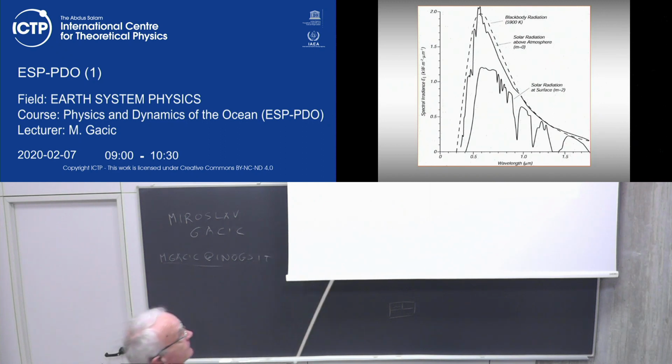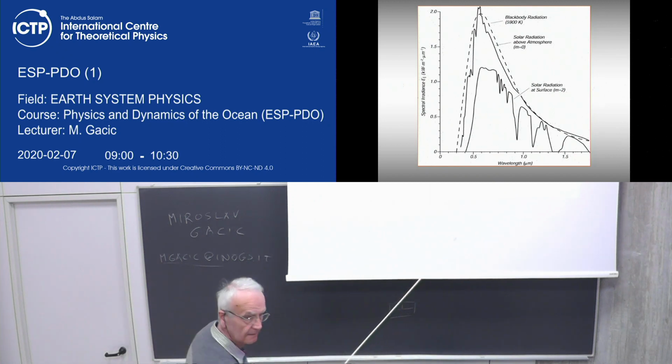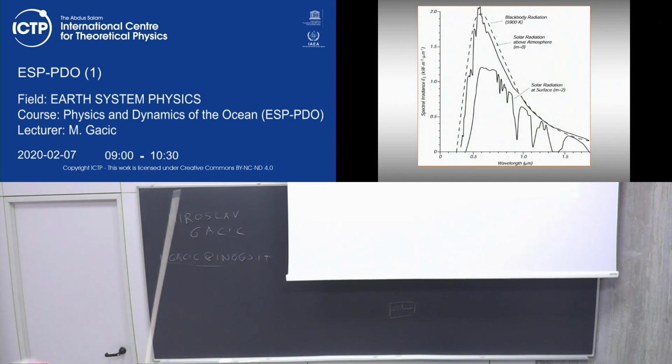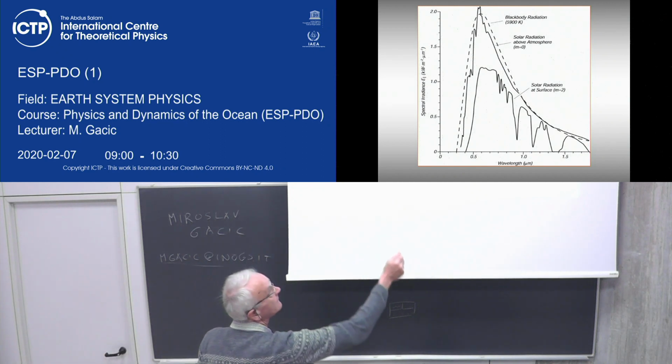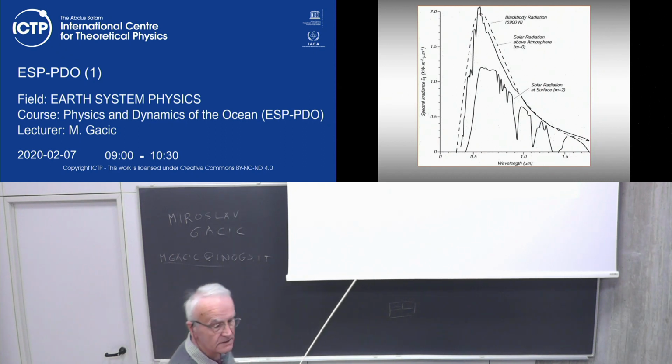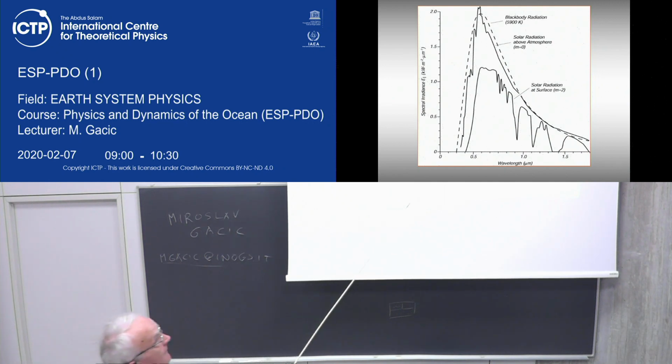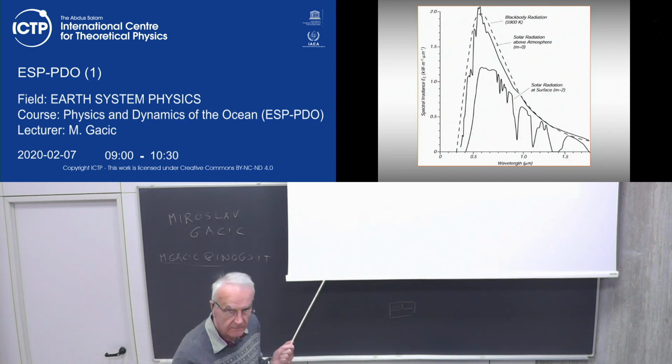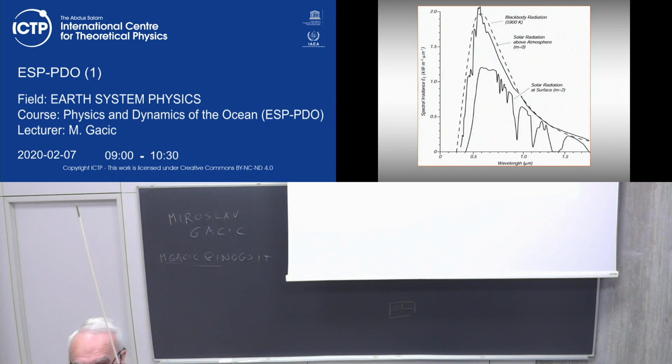But you know, black body radiation is the theoretical formula, temperature proportional to temperature to the fifth, if I'm not wrong, right? So this is a theoretical curve of the black body radiation. Obviously, the sun is not a completely perfect black body. The sun is, in the first approximation, a black body with a temperature of 5,900 Kelvin.